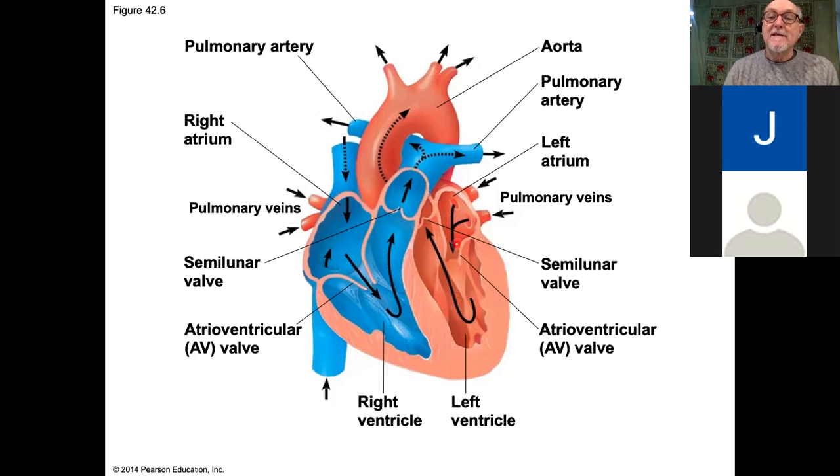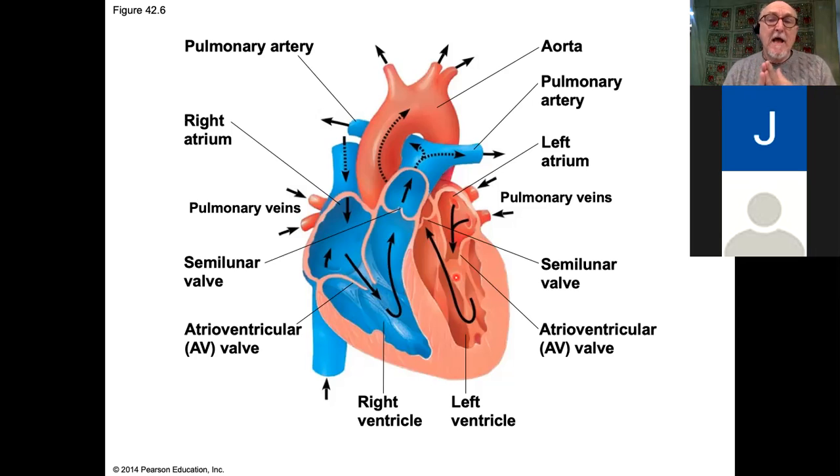Again, there is an atrioventricular valve here, and this one only has 2 flaps, so it's called a bicuspid valve, and it has another name that you may have heard of: the mitral valve. The mitral valve is important because it is one of the strongest valves.